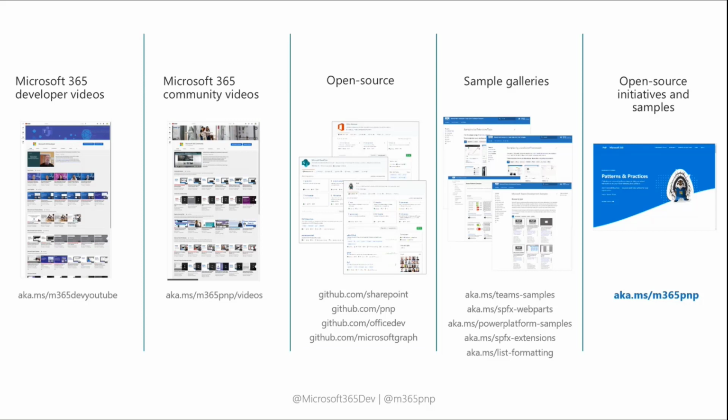We have lots of different sample galleries where you can get inspiration from other folks in the community that have built different web parts, different systems, different solutions that you can use in your own. So you have Teams, SPFx, the Power Platform samples, the SharePoint Framework extensions, but also list formatting for SharePoint.